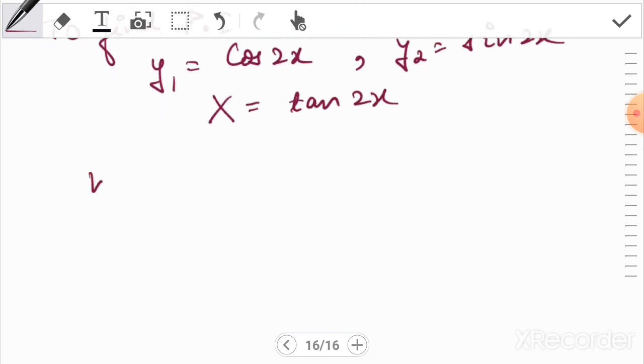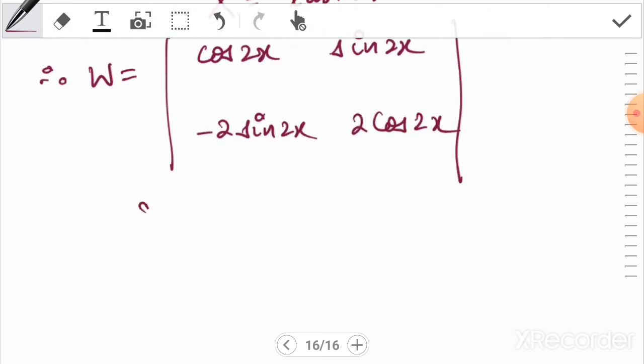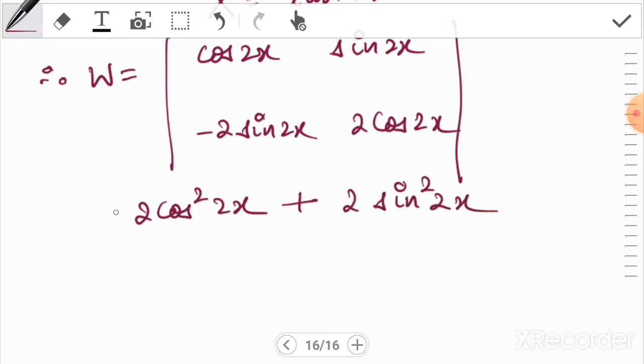Now w is equal to the determinant of y1, y2. So let us directly put the values. y1 is cos 2x, y2 is sin 2x and y1 dash is minus 2 sin 2x and y2 dash is 2 cos 2x. So 2 cos square 2x plus 2 sin square 2x, which is equal to 2.